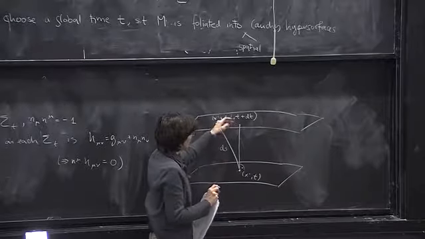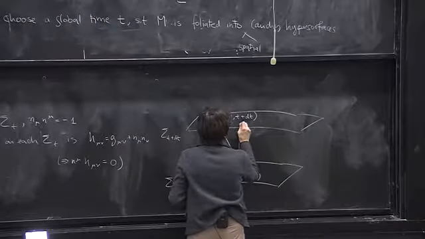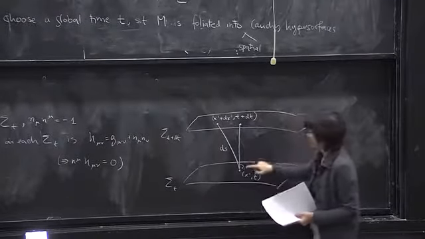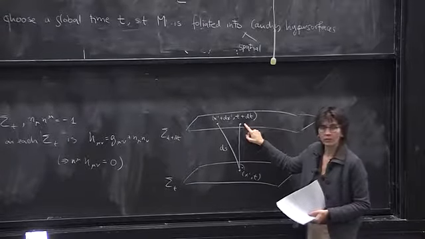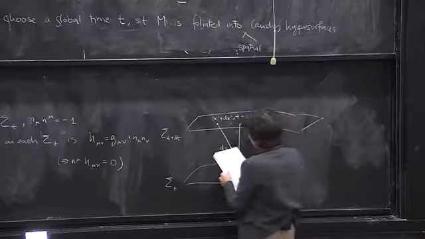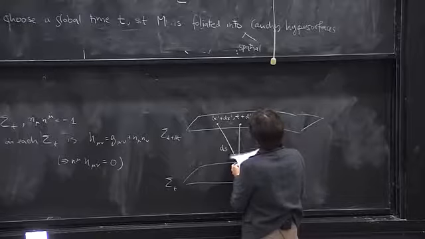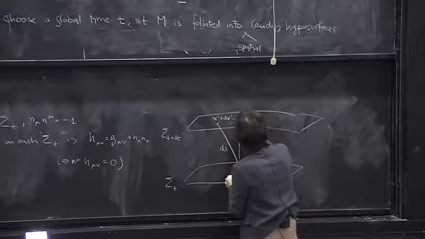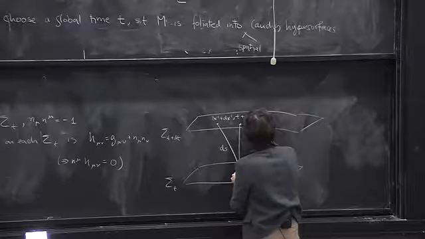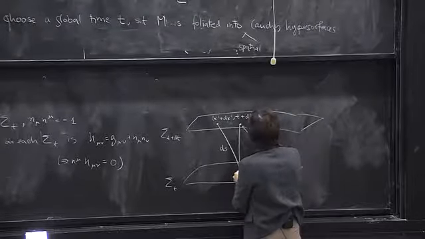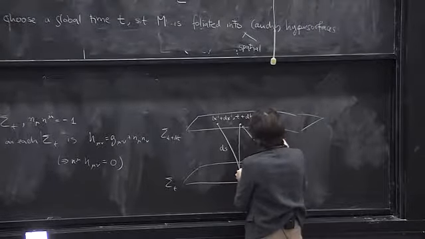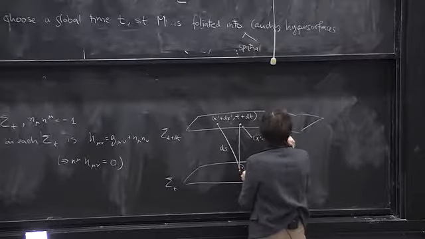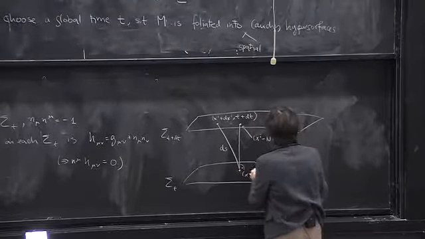Now, this will be some distance away. The point I meet, so this point will have some coordinates. And the coordinates I decide to call x^i minus n^i(x) dt.